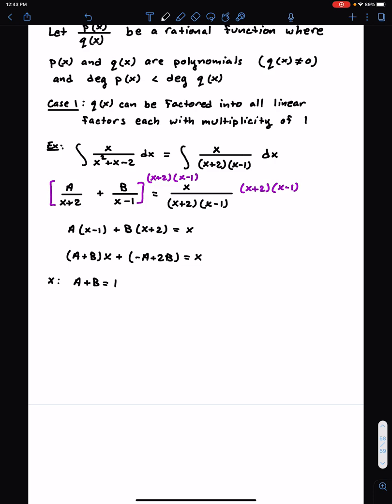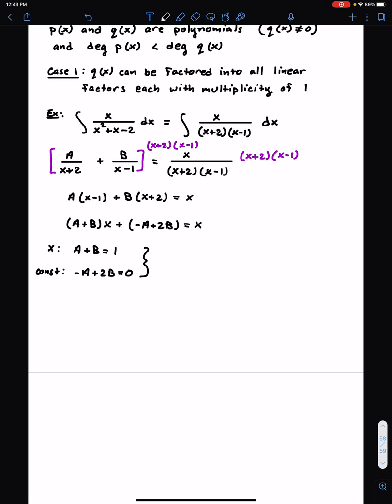If I set up all the constants, I have negative a plus 2b is equal to 0. So here's that system of equations. I can solve by substitution, elimination, or put them in a matrix and use reduced row echelon form. If I solve that system of equations, a is equal to 2/3 and b is equal to 1/3.